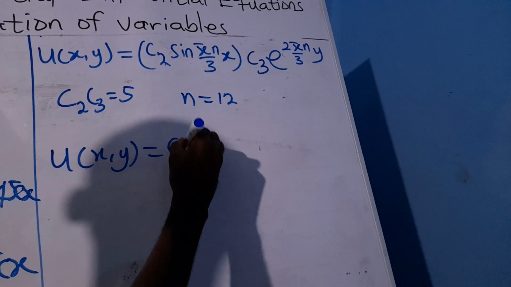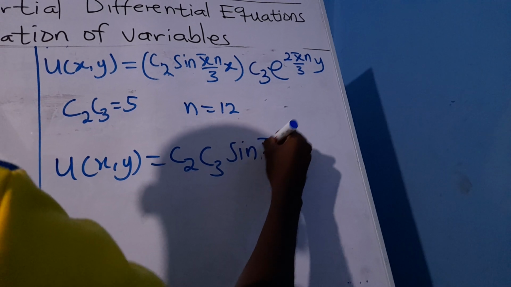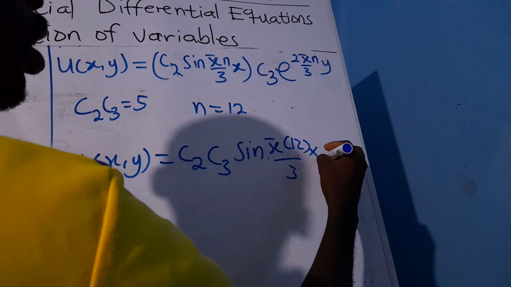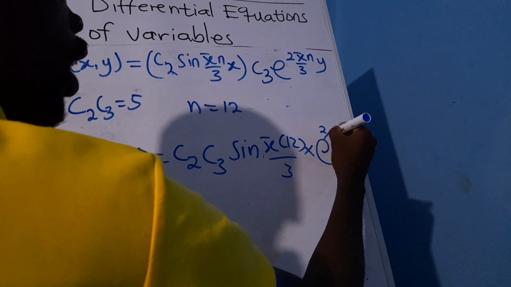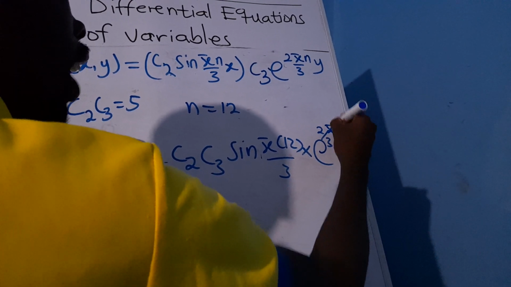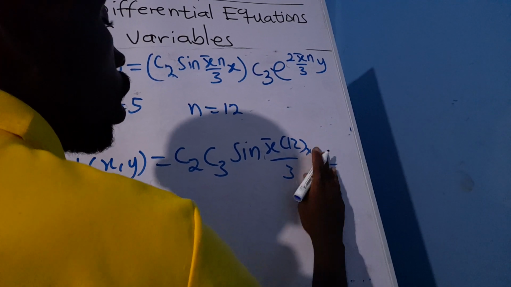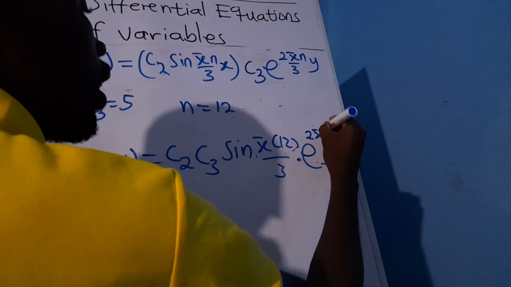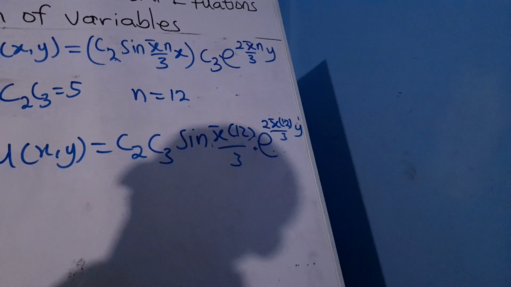So I have u of xy equal to c2 c3 sin pi, our n is 12, so 12 over 3 x, then e exponent 2 pi times 12 over 3 y. So in place of n, we put 12.